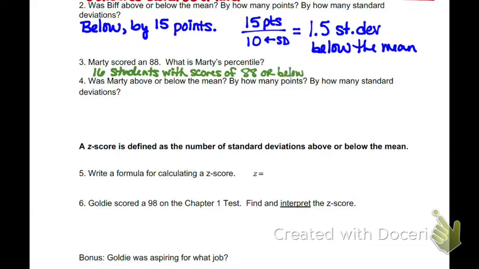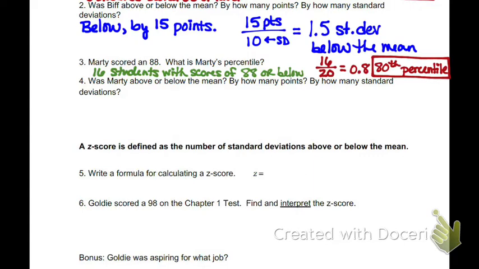And so we would take 16, divide it by 20. We get 0.8. So he is at the 80th percentile. So far, so good with those two parts?